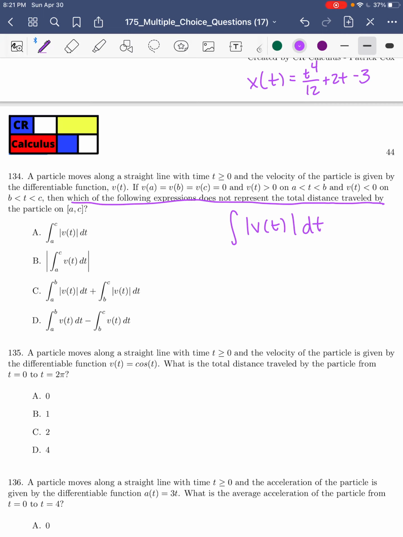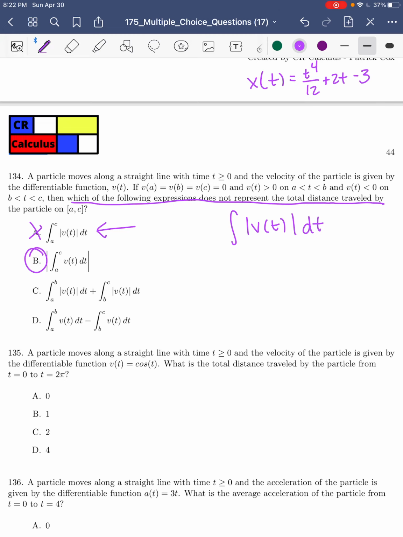So looking at these, A is the normal way you'll see it. So it's not A. B is wrong. The reason why B is wrong is because you never put absolute value on the outside. That's weird. It's not right.